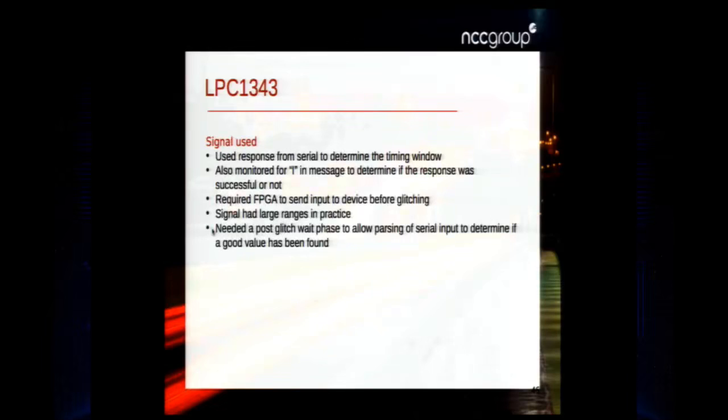Simply, I would send out a test case to the device with 17 A's, and then monitor for the incorrect message, specifically the I in the message sent back.